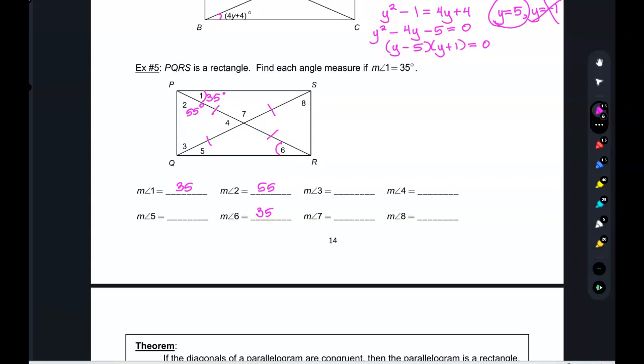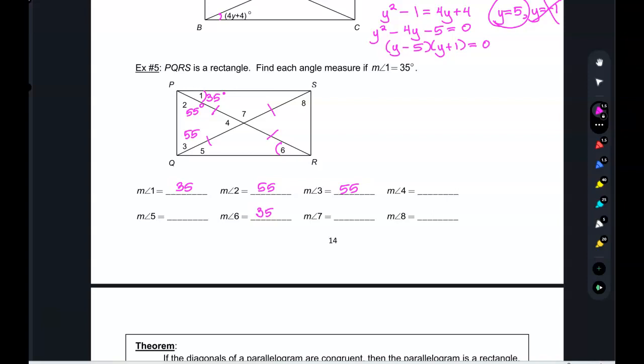That makes every single triangle in here an isosceles triangle. What do we know about the isosceles triangle? The two base angles have to be congruent. So if you just focus on this triangle, these two sides are congruent, so angle 2 has to be congruent to angle 3. Do we see that? And then 5 has to be 35. So angle 3 is 55.